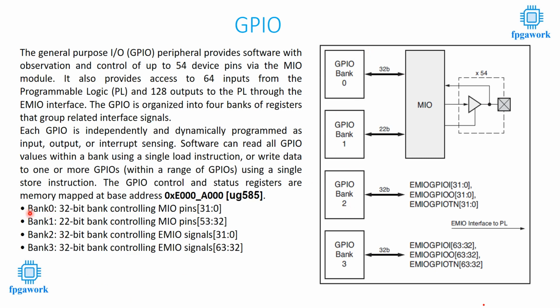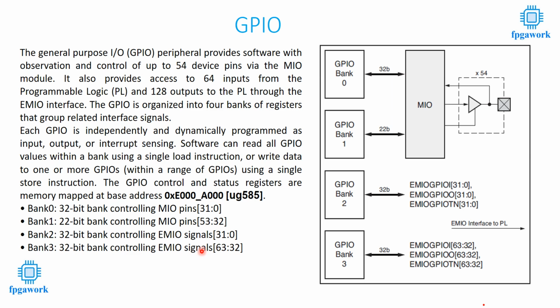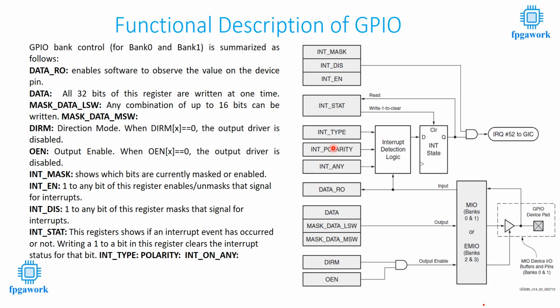Bank 0 controls 0 to 31 MIO pins, bank 1 controls 32 to 53, bank 2 controls 0 to 31 EMIO, and bank 3 controls 32 to 63. Yeah, we had a very basic idea of GPIO. Now we will have a more detailed form of GPIO as we had for MIO.